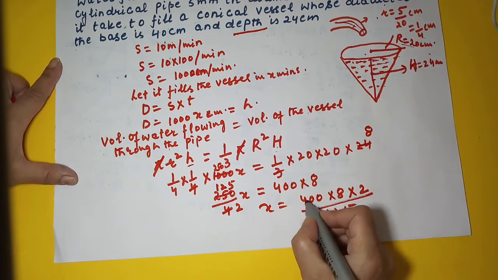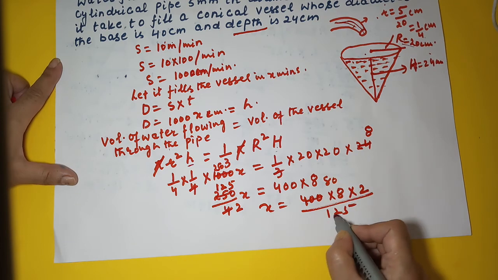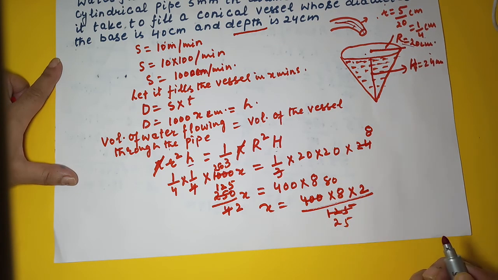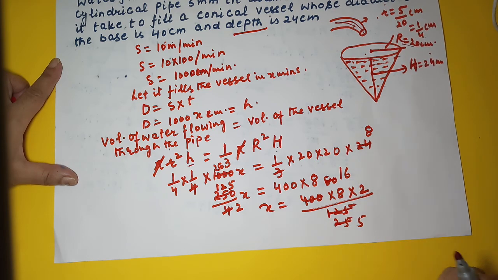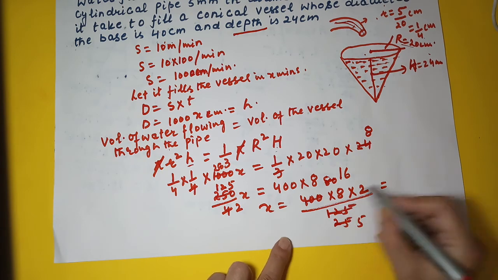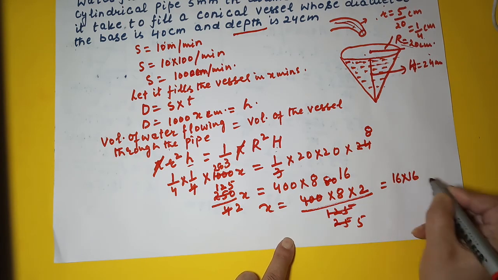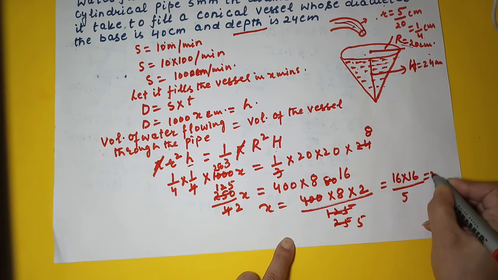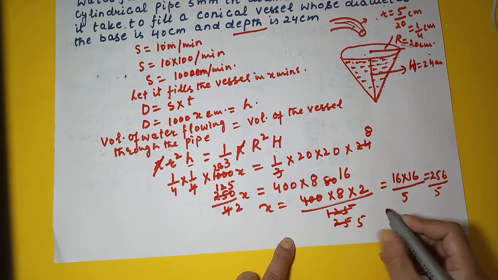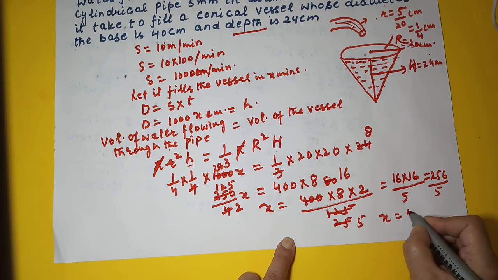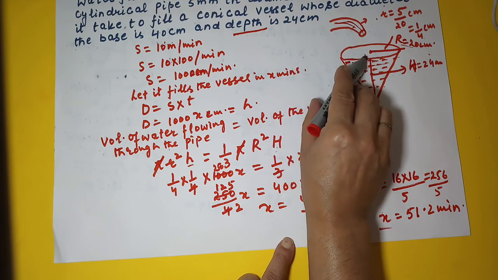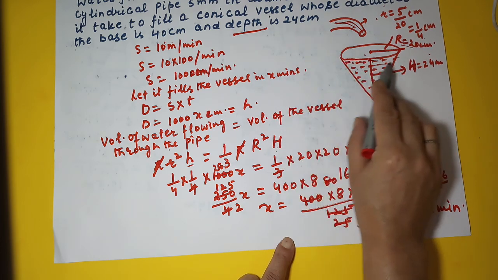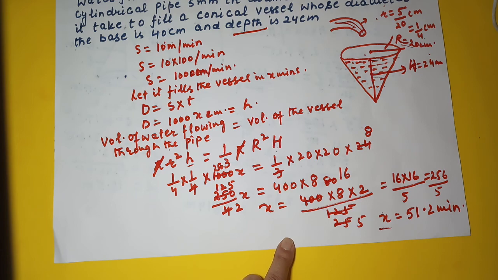So finally you have 16 into 16 divided by 5, which is 256 divided by 5. So your x is equal to 51.2 minutes. This much time the water flowing through the pipe will take to fill this conical tank, right?